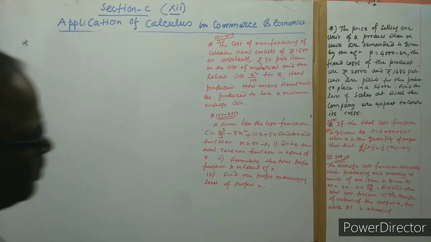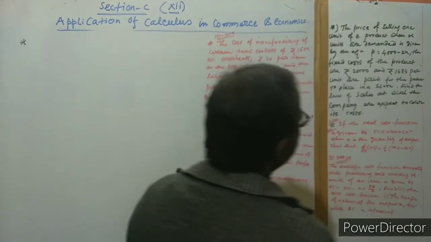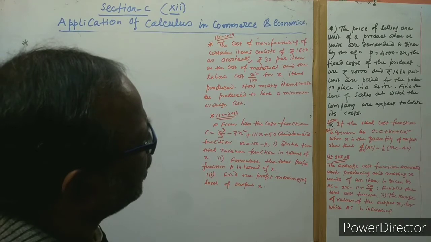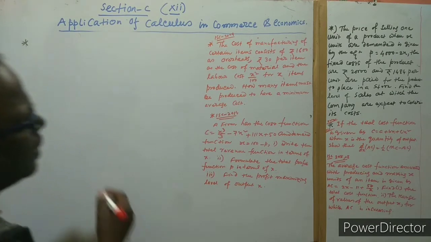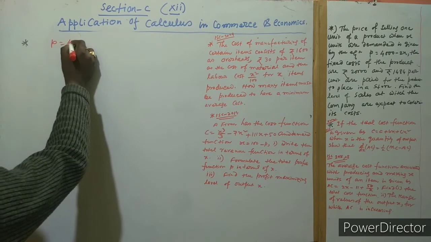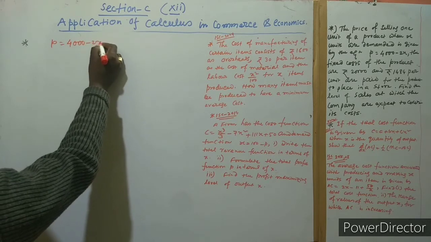And the next problem is that the price of selling 1 unit of a product when x units of demand is given by the equation P is equal to, and this is your demand function.